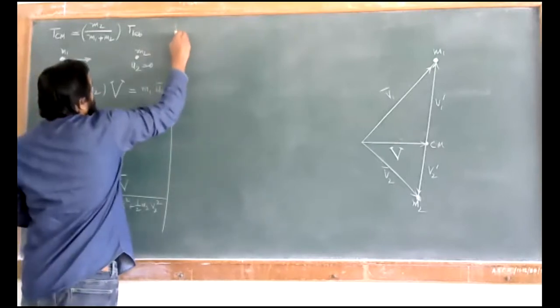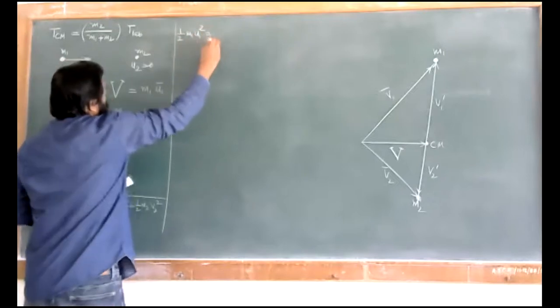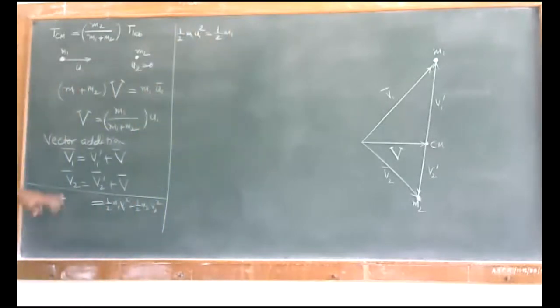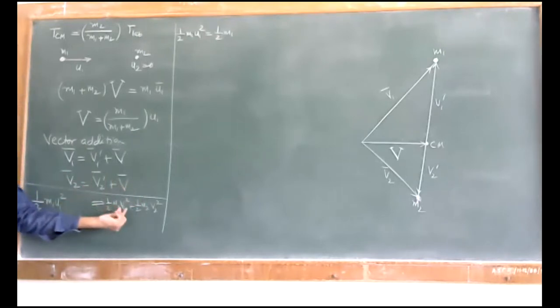So this is 1 half m1 u1 square, which is equal to 1 half m1 times v1 square. v1 is a vector quantity, so v1 into v1 will give us v1 square.